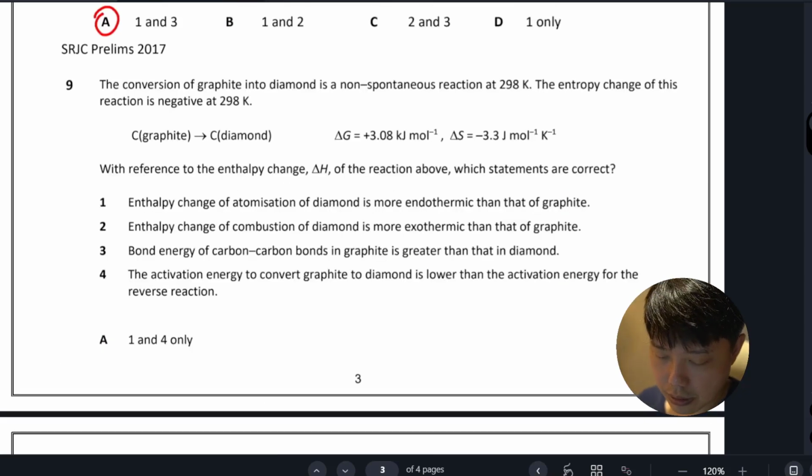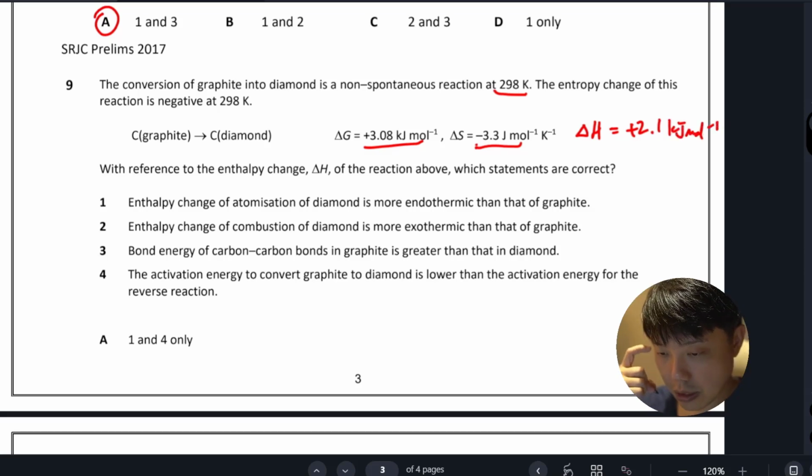Okay, so let's look at this question from SRJC. I believe this question is adopted from a ten-year series question. So what do we know? We know Gibbs free energy, we know delta S. At 298, we can calculate your delta H, a positive 2.1 kilojoules per mole.